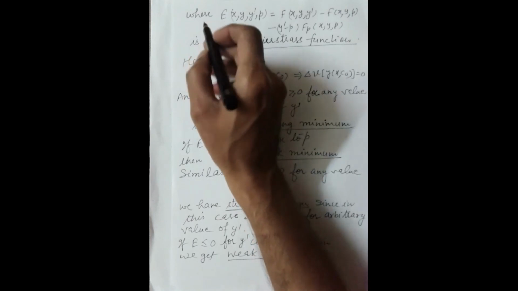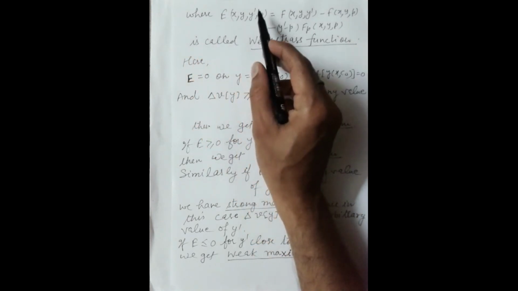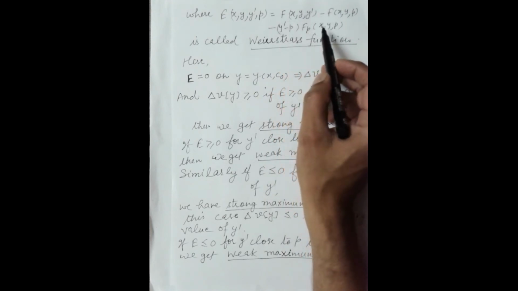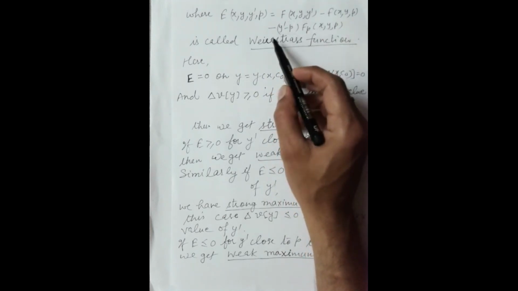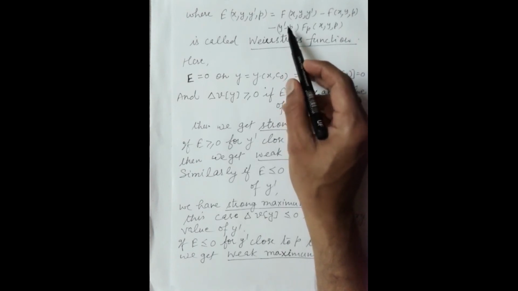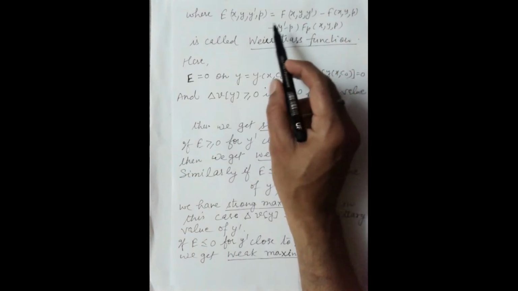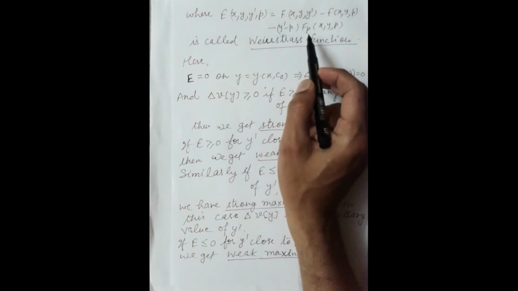The integrand of this integral is denoted by E, so delta V(y) equal to the integral along gamma of E(x, y, y', p) dx, where E(x, y, y', p) equal to F(x, y, y') minus F(x, y, p) minus (y' minus p) Fp(x, y, p) is called the Weierstrass function.